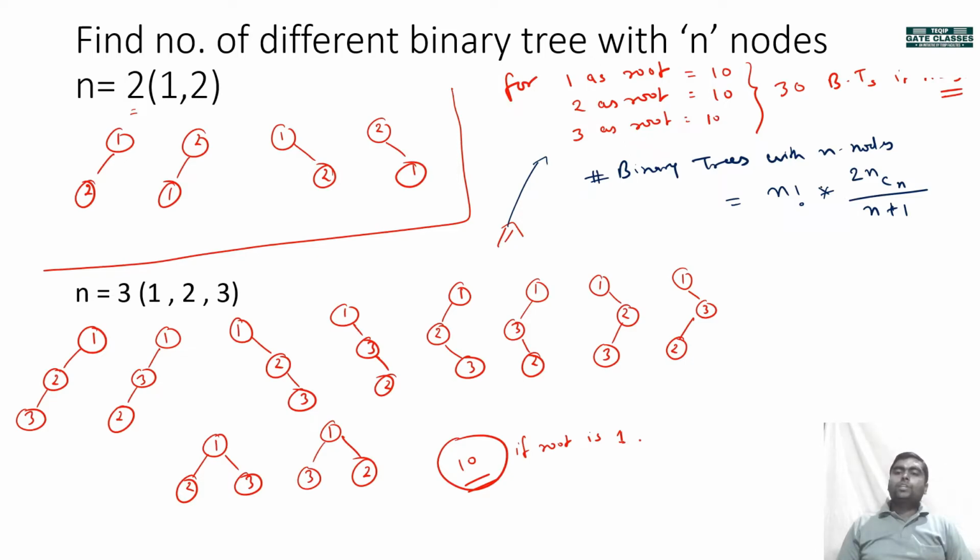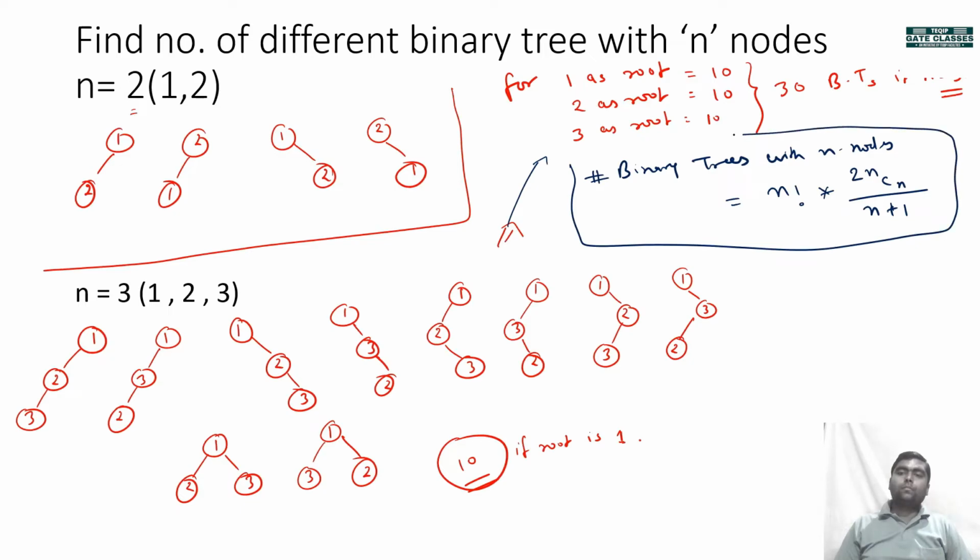Just this is the three possibilities or n possibilities, because one may be chosen as root, two may be as root, so you can choose anyone. So that's why n possibilities are also there, and that's why it is multiplied with n factorial. Okay, so I hope that this is clear to you. This is also a very simple formulation of the number of binary trees possible with n nodes.